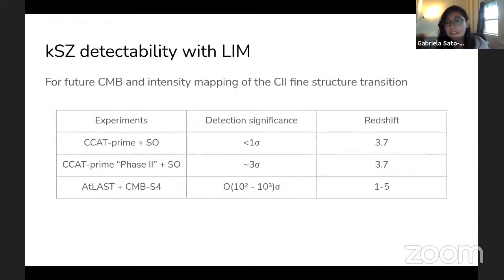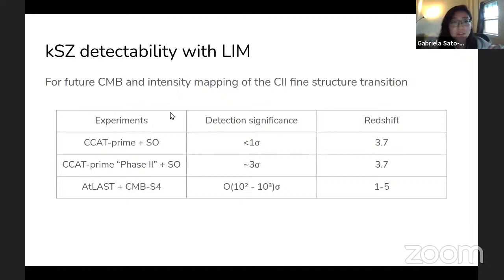We look at the detectability of this signal with different combinations of future experiments. We separate this roughly into 2 time scales, one for nearish future experiments and one for more distant future experiments.